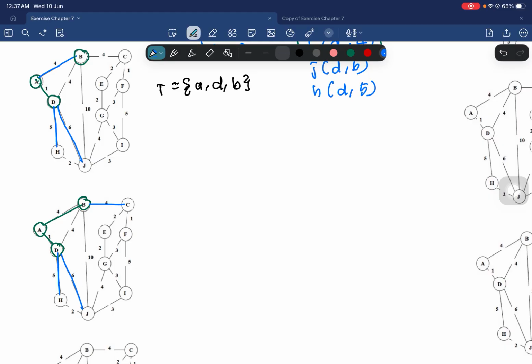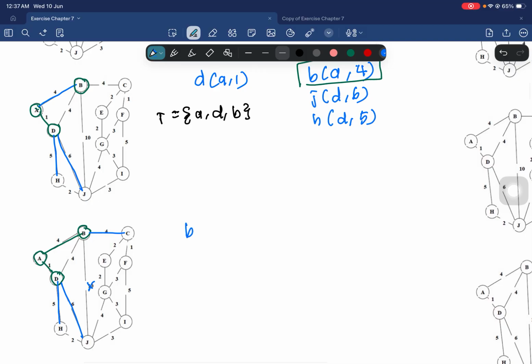Through D it is 6, so we just don't use this, right? Then here, since we already chose this, I will just write B, A, and 4. Then we list down C connected to B by 4, H connected to D by 5, I connected to D by 5, and J connected to D by 6.